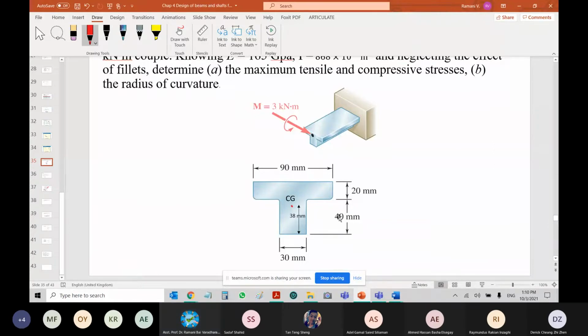This is your point A, and this is B. When I give this as 38, how much is the centroidal distance from A, this value? Answer me. How much is this distance?